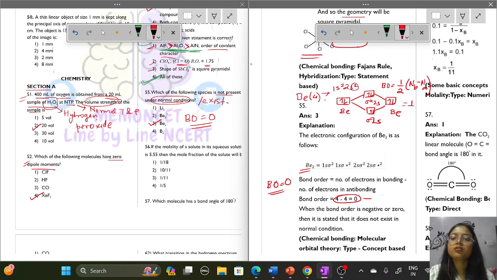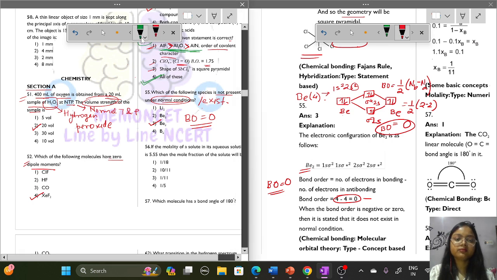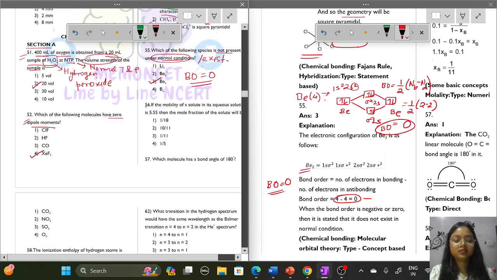The number of bonding electrons is 2, and the number of anti-bonding electrons is also 2, which comes out to be 0. So its bond order comes out to be 0, right? So Be2 does not exist in nature. Next is question number 56.